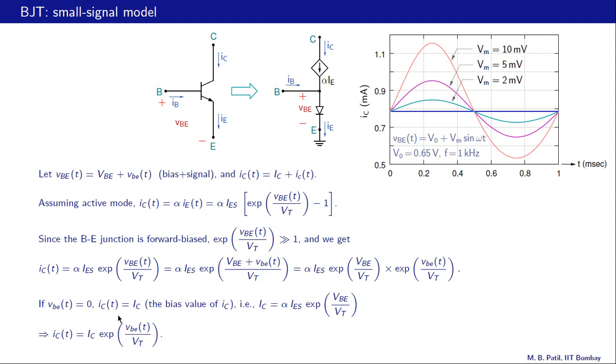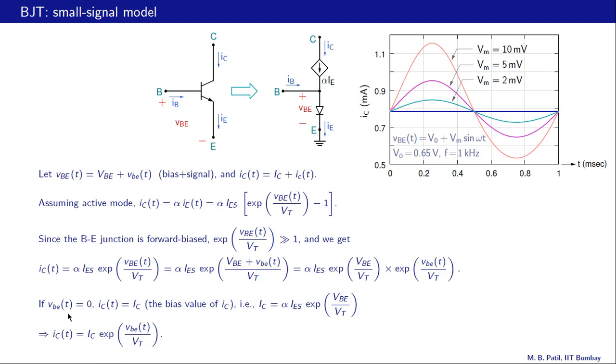And then if we substitute that here, this becomes 1, and we are left with alpha times IES times exponential VBE by Vt. So it's 0.65 divided by Vt. And that is the bias value of IC with no signal, and that is shown here in the dark blue curve, just a constant straight line.